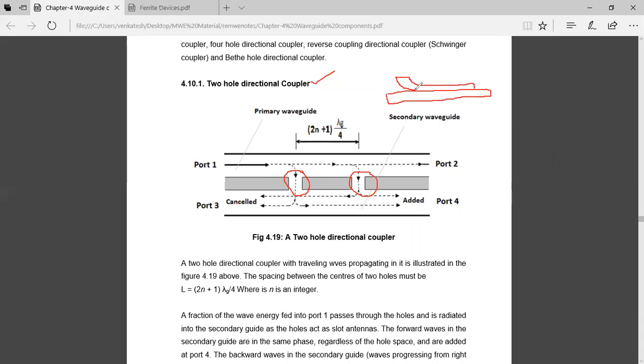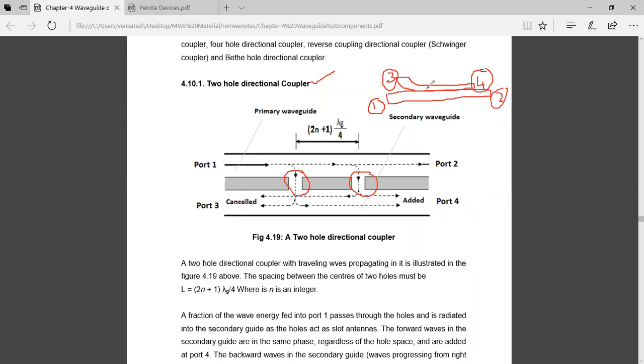This is the diagram of the microwave component being shown to you. This is port 1, this is port 2, this is port 3, and this is port 4. Port 4 is always closed over here. Now let me explain the construction diagram.